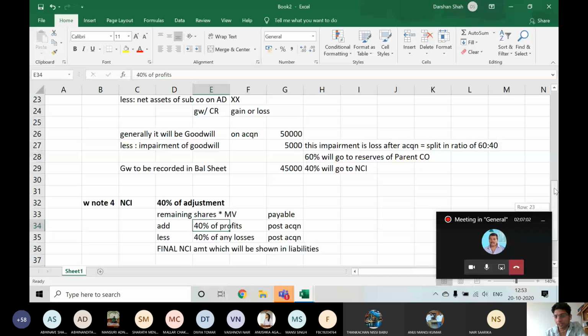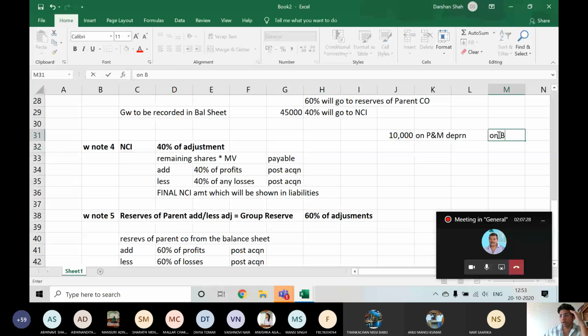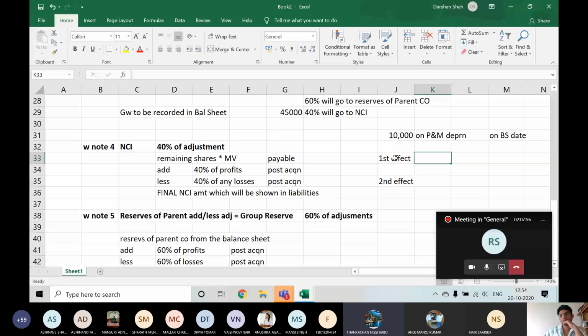And look, you know the second effect of the adjustment. For example, the first effect: let us say depreciation on plant and machinery is $10,000, on the reporting date, on the balance sheet date, so obviously it is after acquisition. Tell me, what is the first effect of this 10,000 and what is the second effect? Deduct from the non-current asset and show it in accumulated depreciation.